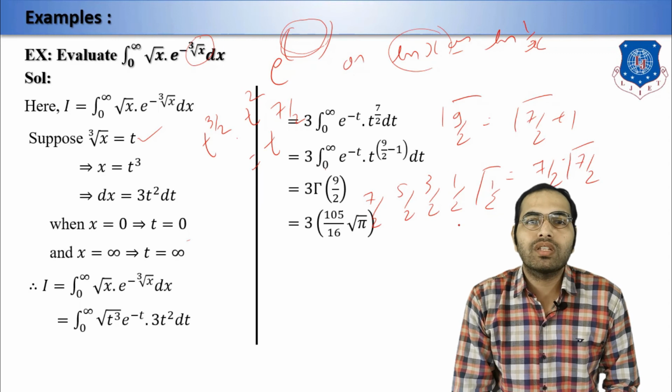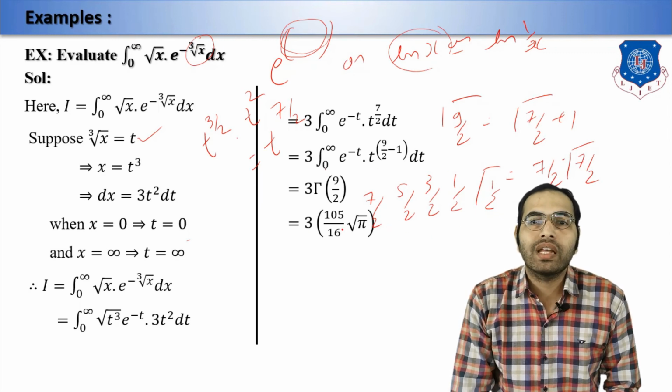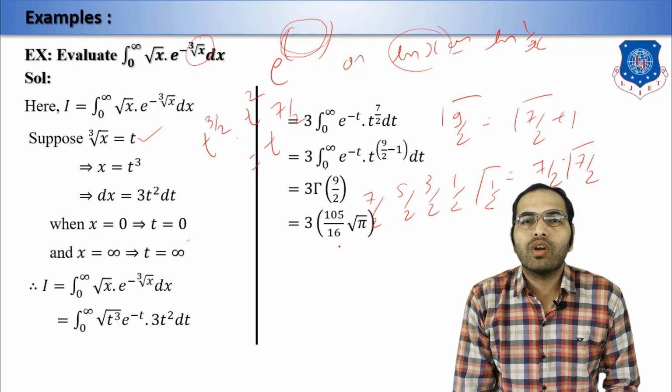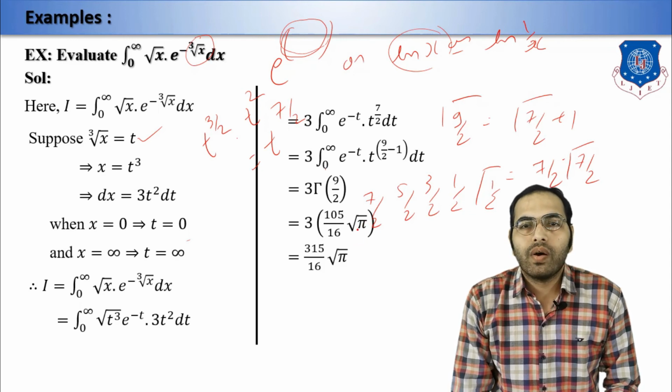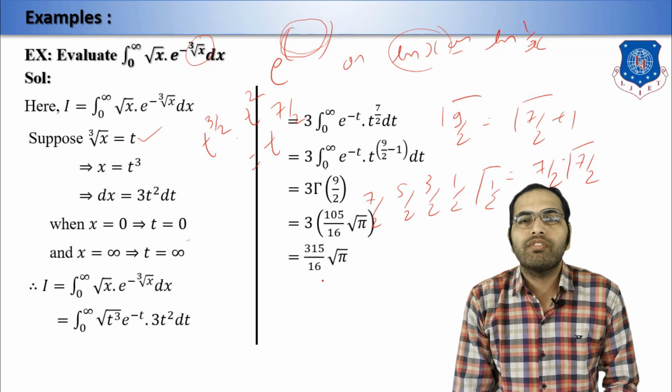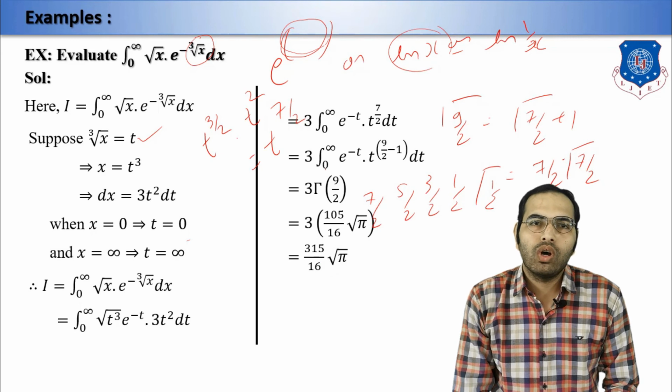Then multiplying these terms, expanding, that will give you 105 by 16 root pi. Multiply 3 with 105, that will give you 315 divided by 16 into root pi.